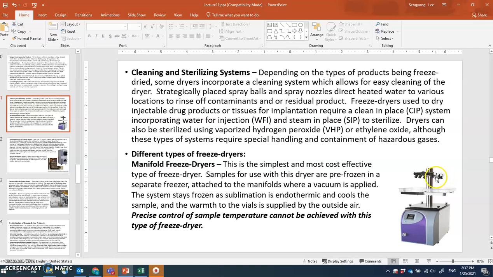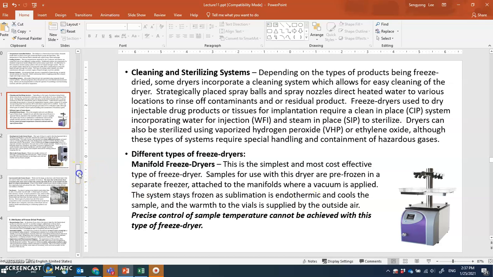Okay, and the freeze drying will take place right there. Okay, so it's not used for CGMP, but it can be freeze drying your product. Okay, so precise control of sample temperature cannot be achieved if you use a manifold freeze dryer. Okay, and it's normally used for a non-GMP kind of system.